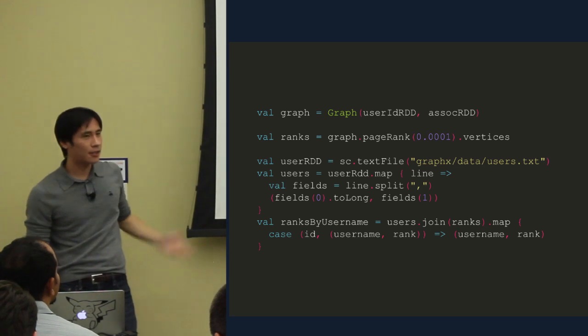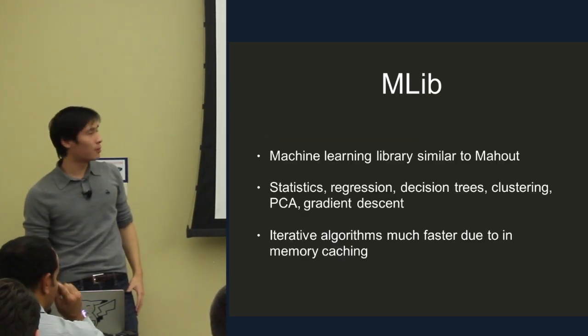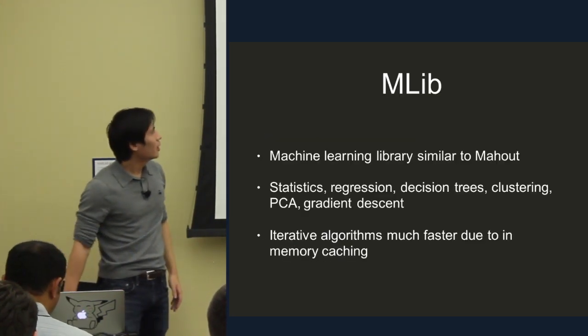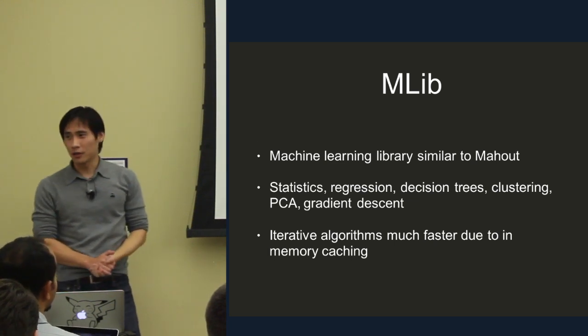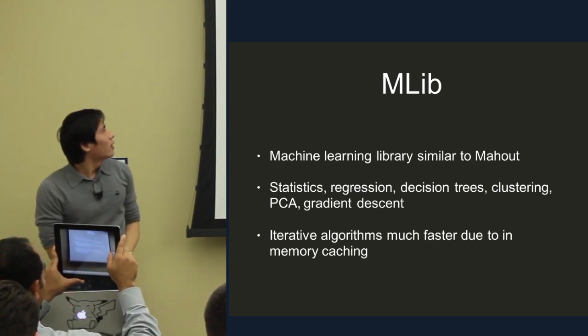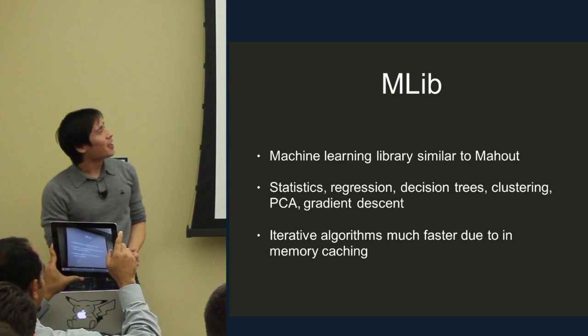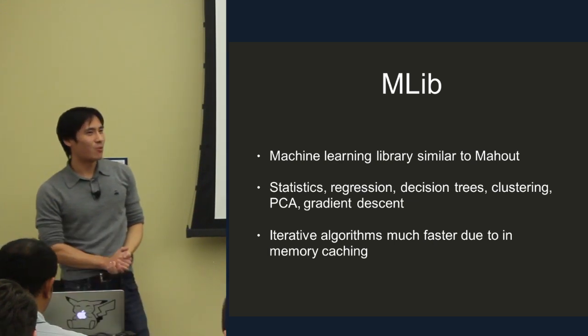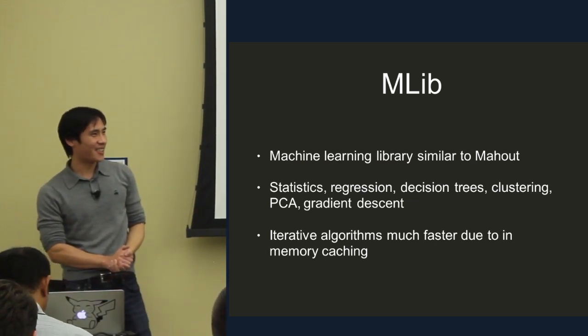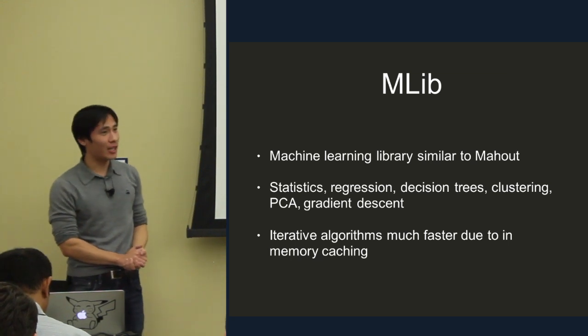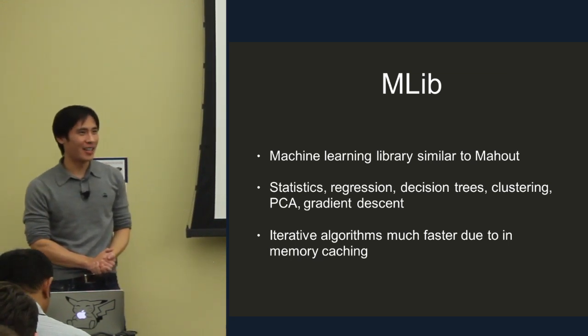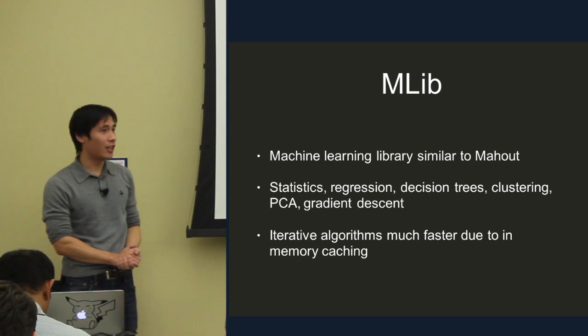Okay. And last of all, there's MLlib, which is a machine learning library, and it serves a similar role to Mahout. As many of you who have used Mahout have probably realized, Mahout runs really slowly, depending on which algorithm you pick, especially the iterative ones.